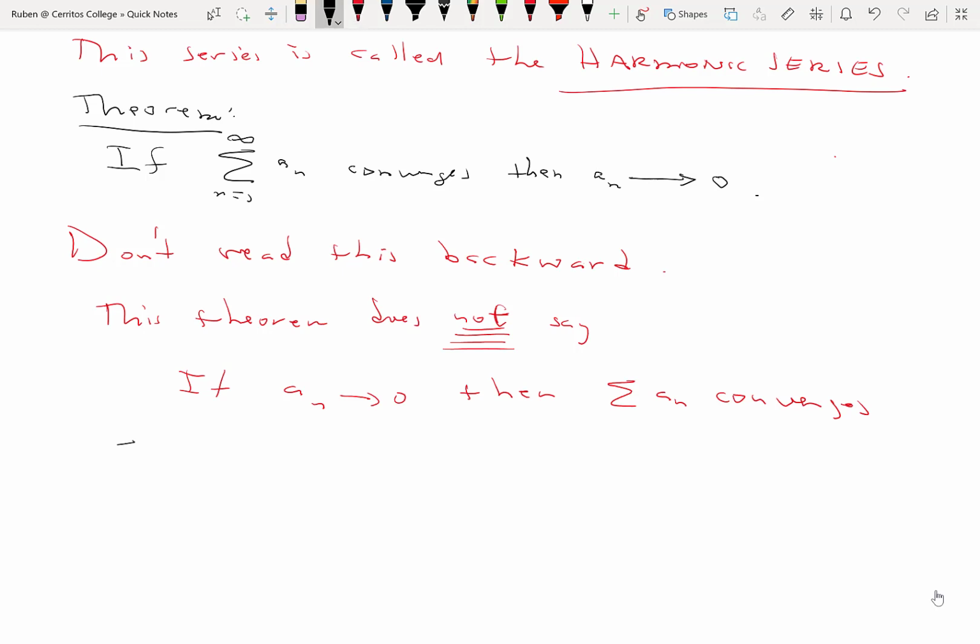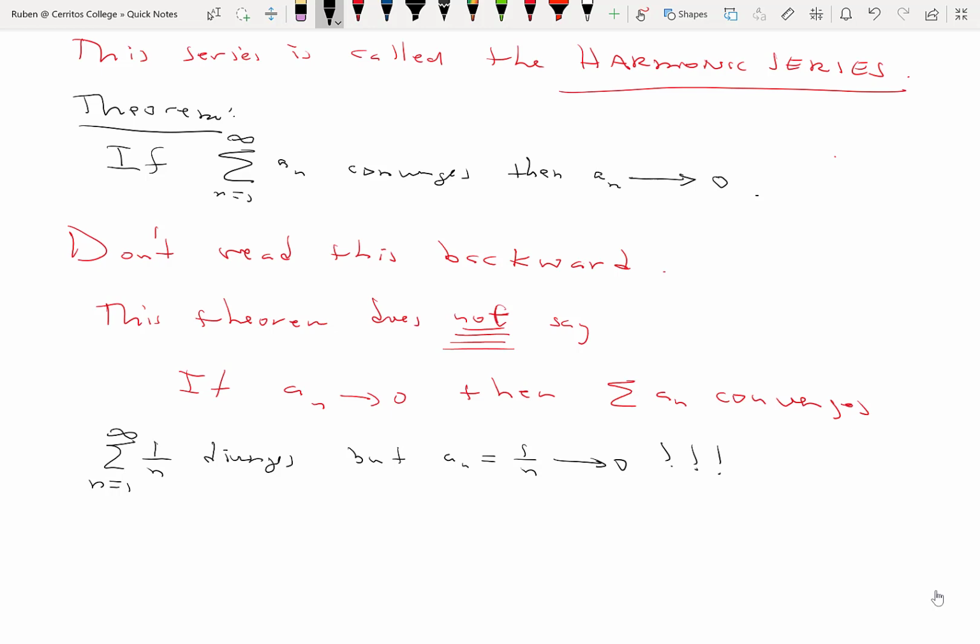The sum 1 over n, n ranges from 1 to infinity, diverges. It's the harmonic series. But a sub n, which is 1 over n, approaches 0. For both of the orders on this pizza date, both involve slices of pizza that were approaching 0.